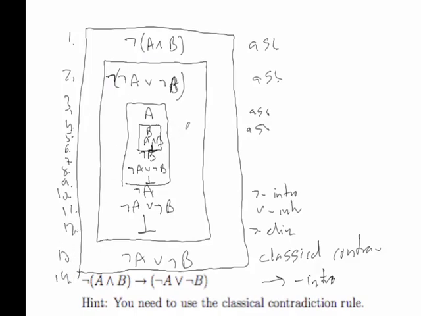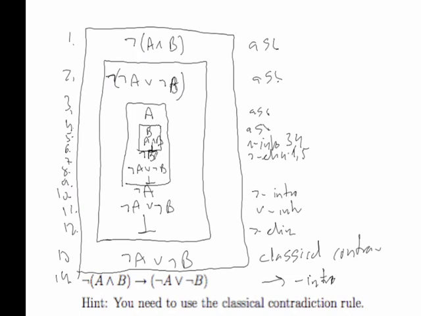I think this is correct. So this one was an assumption, that was a B. This one was an AND intro from line 3 and 4. The next one was a not elimination, a contradiction we got from line 5 and line 1.